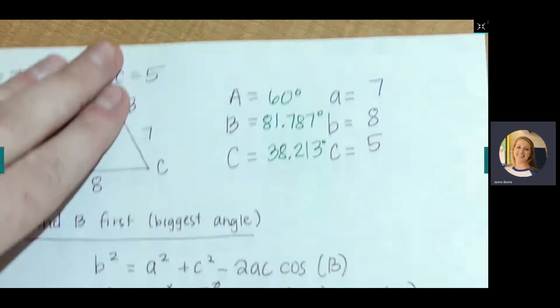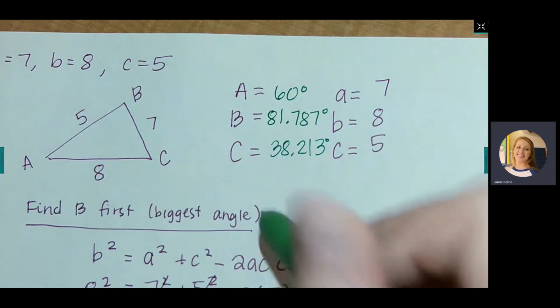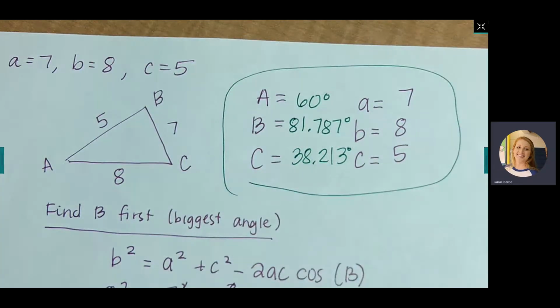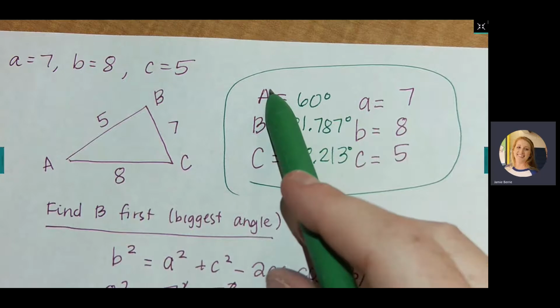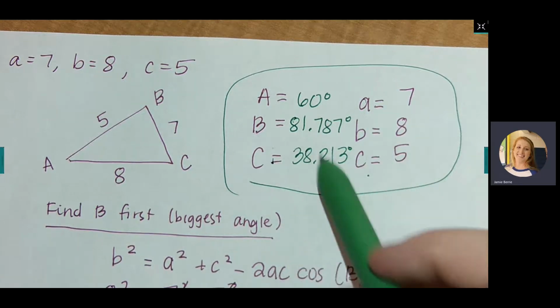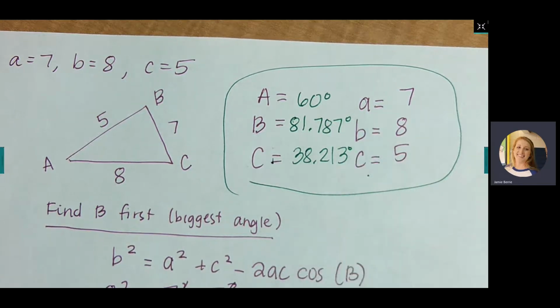There we go. That's our answer. I'll usually just write in this little table for you on the test, so you don't have to write ABC every time. I'll just put this on there, and you'll fill in the entire table, and that'll be your solution.